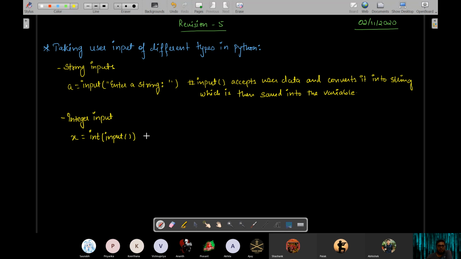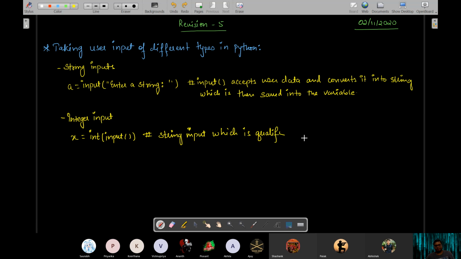Okay. So here we see a string input which is qualified to be converted into integer can be converted or cast. Another word for converting is cast.